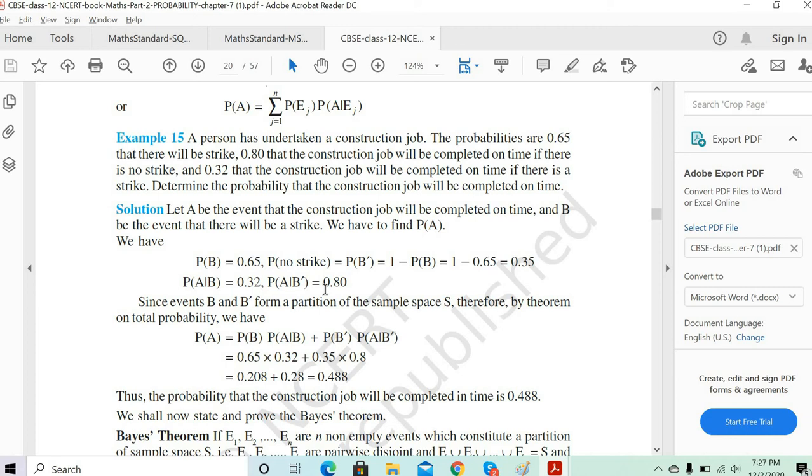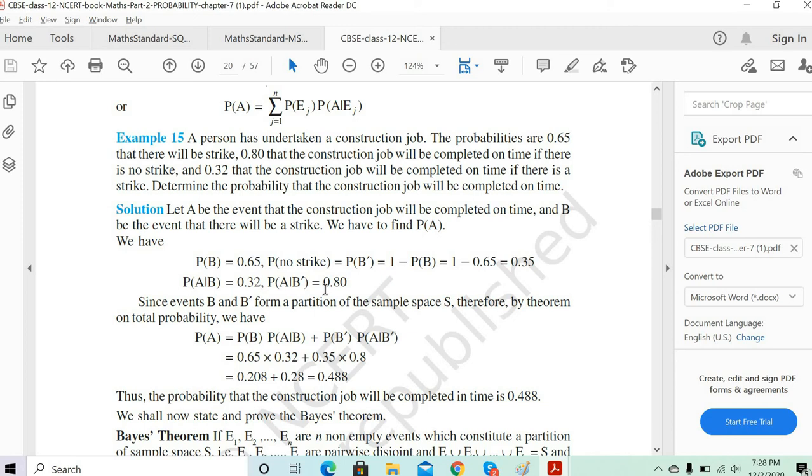So P of B is 0.65. P of A given B is equal to 0.32. P of A we don't know. P of B given A is 0.80.